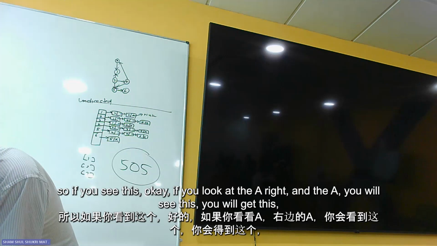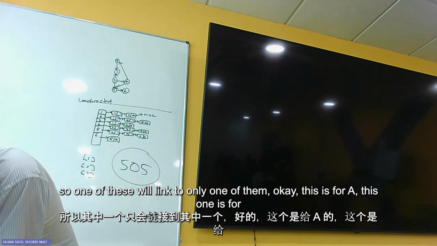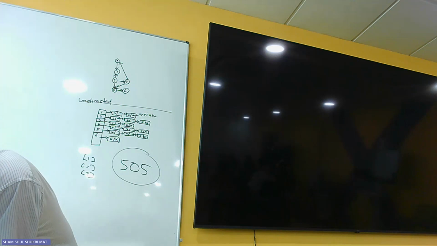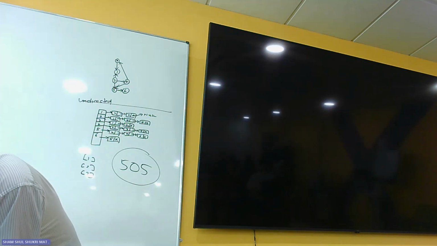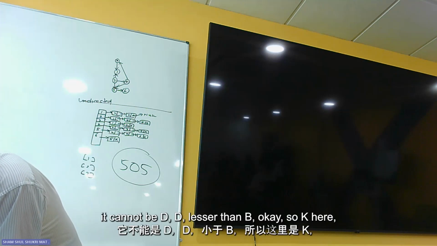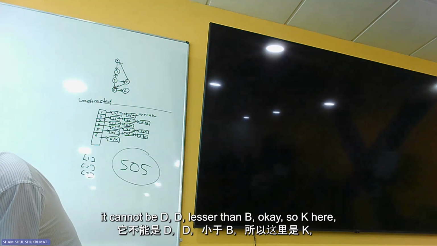One of these will link to only one of them. This is B, so this is for A. This one is for C, because this means greater than B but lesser than D. It cannot be D.